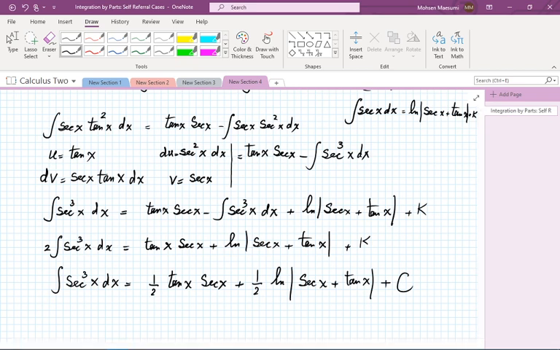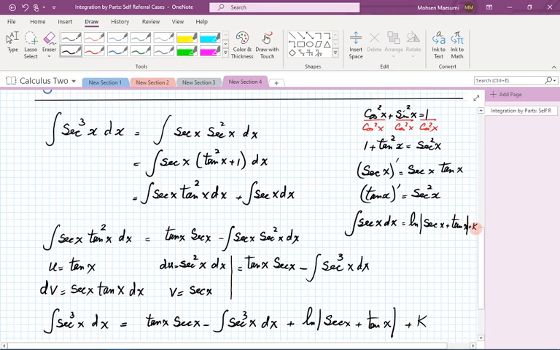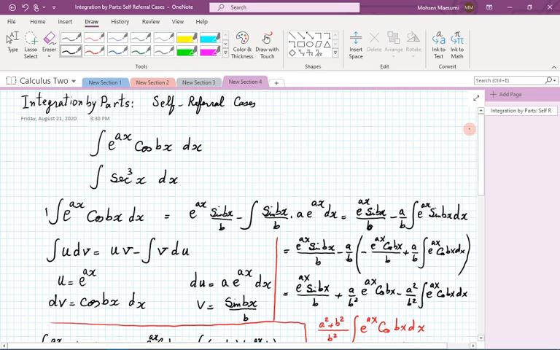In the next chapter there are a variety of versions of this with various functions to different powers and sometimes multiplied with each other. We are going to take a look at a more extended case of secant to some arbitrary power at that point. So this section is almost covered up by integration by parts for self-referral cases.